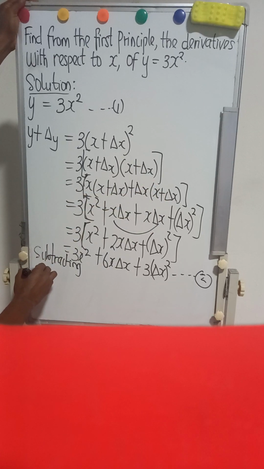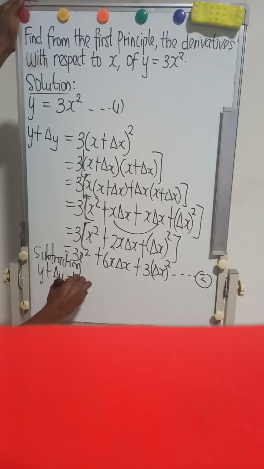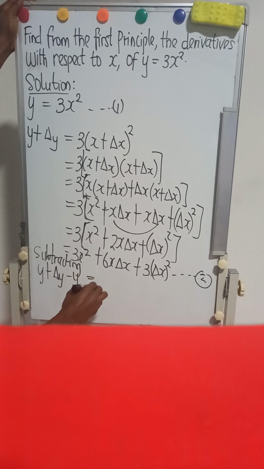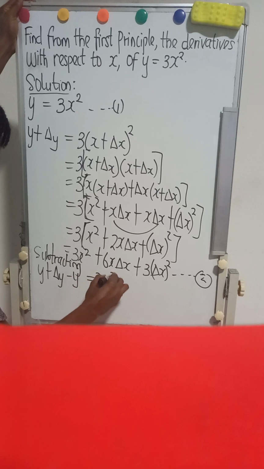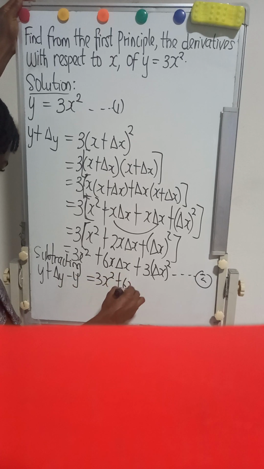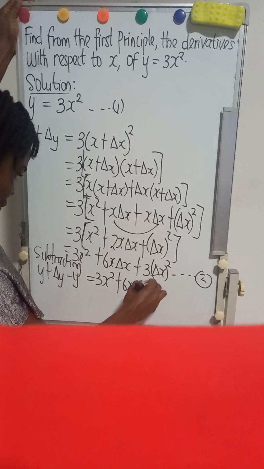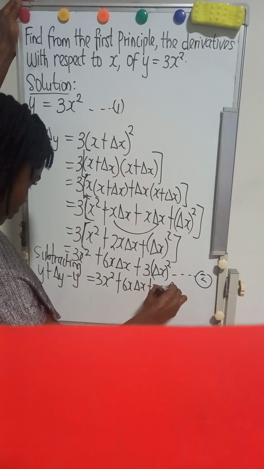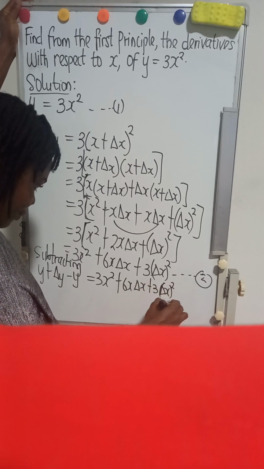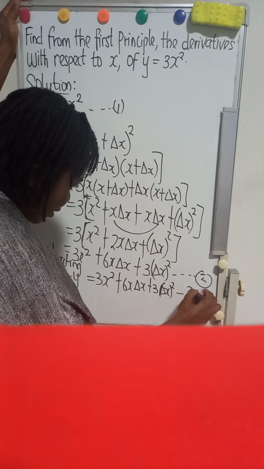So we have y plus delta y minus y equal to 3x squared plus 6x delta x plus 3 delta x squared minus 3x squared.